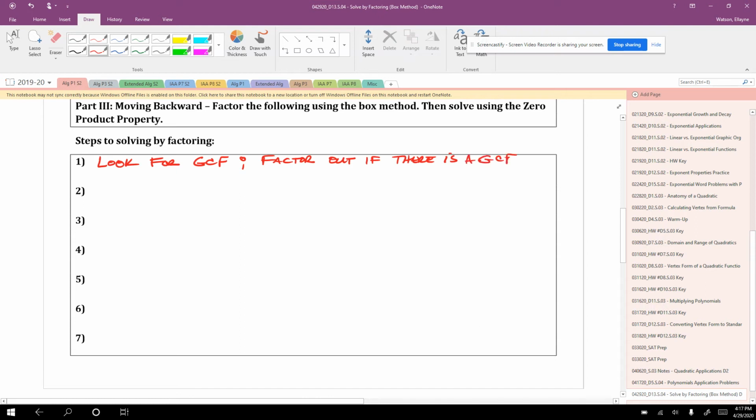Okay. Step 2, play the X game. Step 3, create and fill in the box. And again, this is factoring using the box method. Okay, and now this is important. First and last term stay the same.